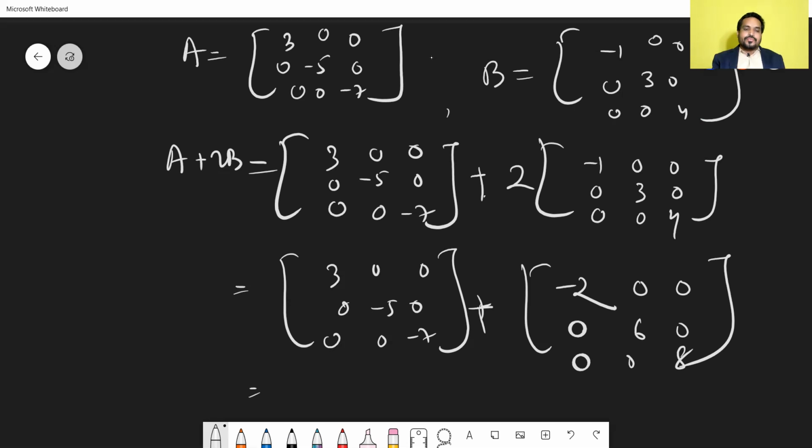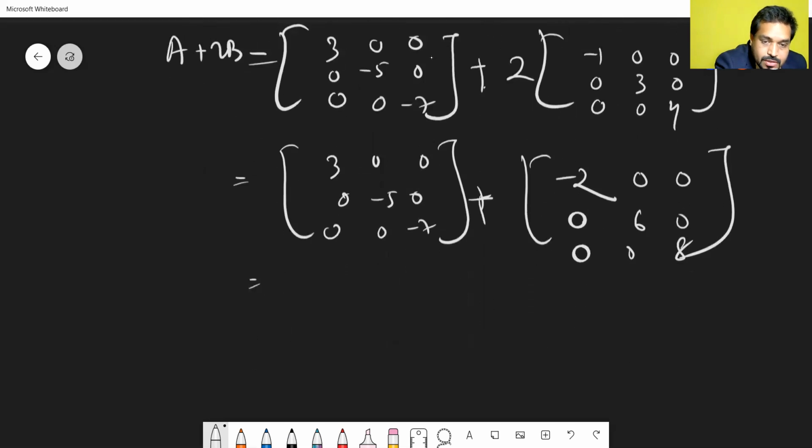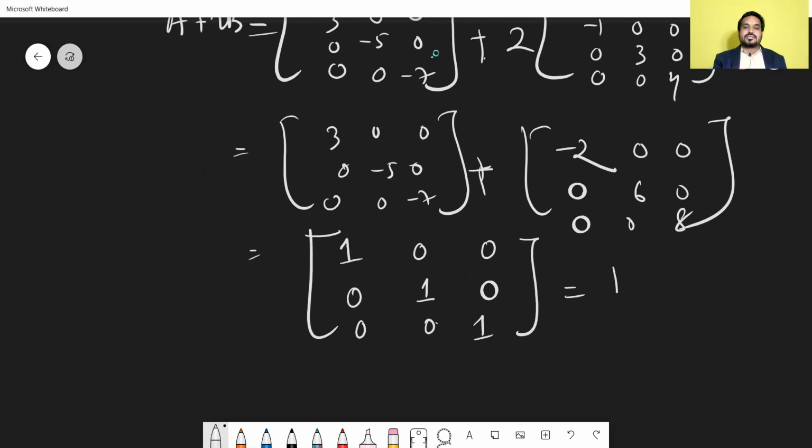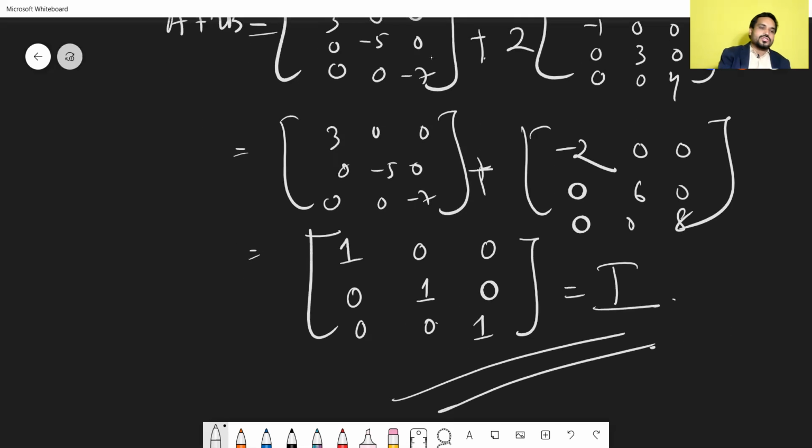Now students, just add these two matrices. 3 plus −2 is 1, 0 plus 0 is 0, −5 plus 6 is 1, and 0, and −7 plus 8 is 1. So guys, the answer is the identity matrix, 1, 0, 0; 0, 1, 0; 0, 0, 1. So this question is solved.